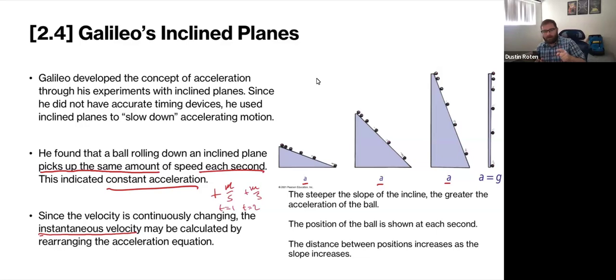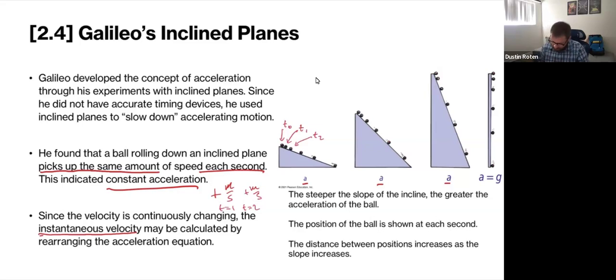Something to note here is that the position of the ball is shown at each second. So this is like T1, well, let's call it T0. This is where it starts from rest. Then after 1 second, this is T1, T2, and so on and so forth. But what do you notice? This is something worth noting here.